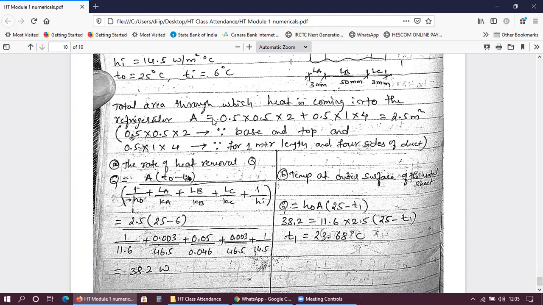Heat is being transferred from all the 6 surfaces. Heat is entering the refrigerator from the bottom and the top, and along with that, from all the 4 sides of the refrigerator. So you have to be very careful while writing this area equation, right?